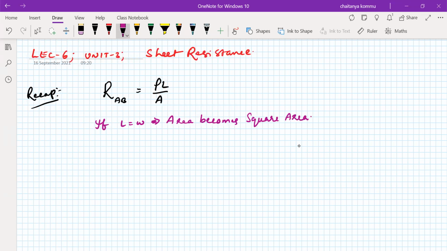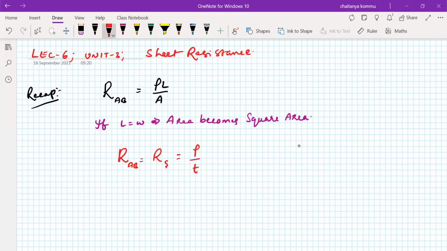So in that sense, whatever the resistance R_AB is, we call it the sheet resistance R_S, which is defined by rho by T. That is what we have defined.